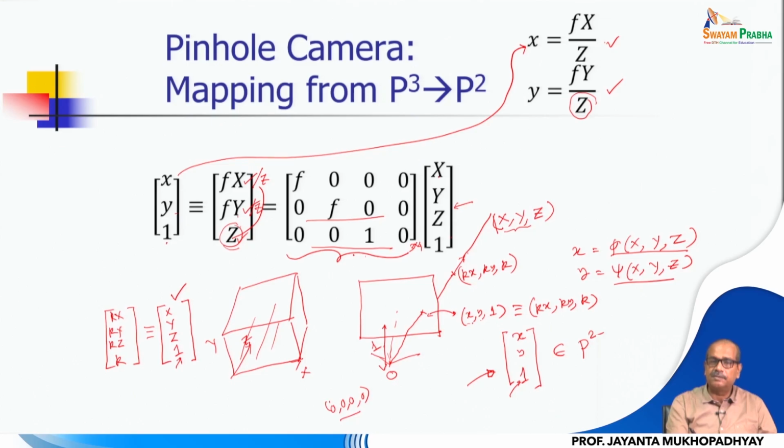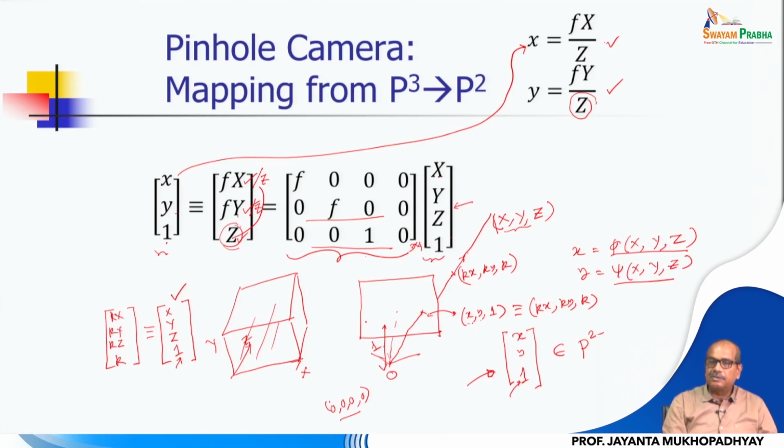That is what a projective transformation is. But when you call something a projection matrix, you are mapping an element of a 3D projective space, that is, mapping a 3D projective space to a two-dimensional projective space.